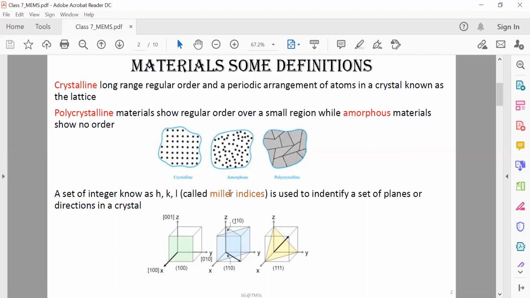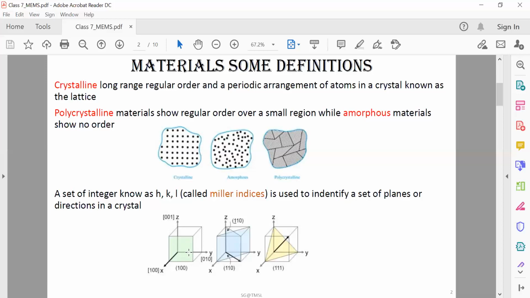Okay, so for example, basic silicon has a cubic structure like this type of cubic structure. You can see the X, Y, Z, these three axes, and this is a cubic crystal structure.